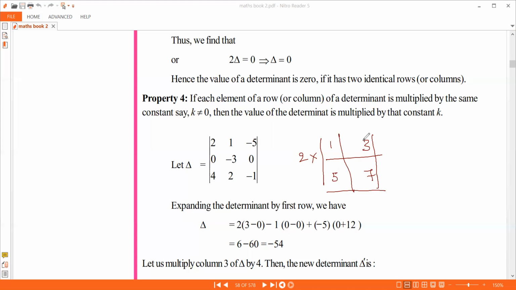Either one. So you will double only one row. Either you can write 2, 6, 5, 7.